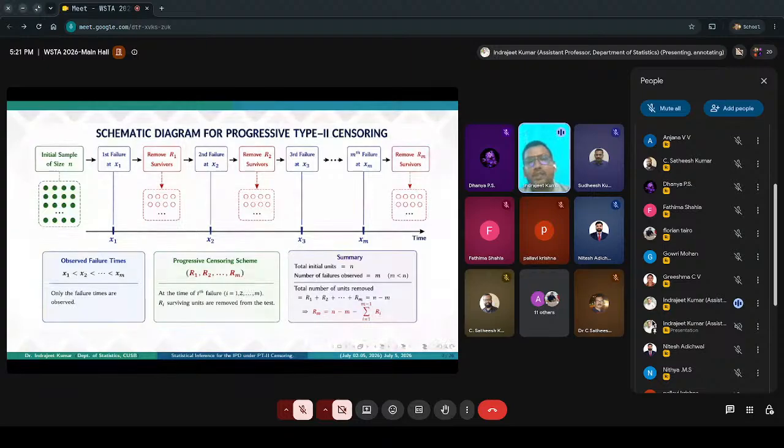Even in non-parametric cases, if the exact pattern of the data does not match a particular distribution, then we can go for a non-parametric test. But if our data follow some pattern, then we require a particular probability distribution to make inferences.